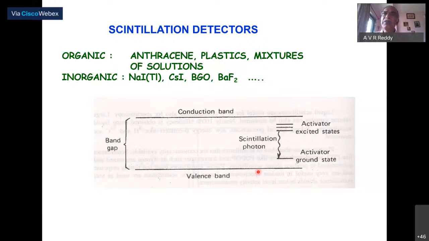Otherwise, you all know that a conductor is one where, you know the meaning of band gap. That is the gap between the valence band and conduction band. For good conductors, it is 0, like gold, aluminum, copper. For insulators, it's more than 6 eV. And for in between, we call them semiconductors. Germanium and silicon are very good semiconductors.